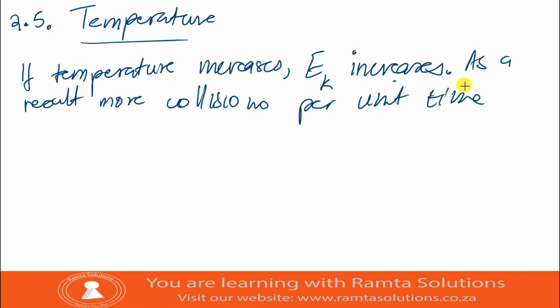Remember what I had said. When kinetic energy increases, molecules will collide with each other more frequently. In simple terms, this means more collisions will be taking place per unit time.